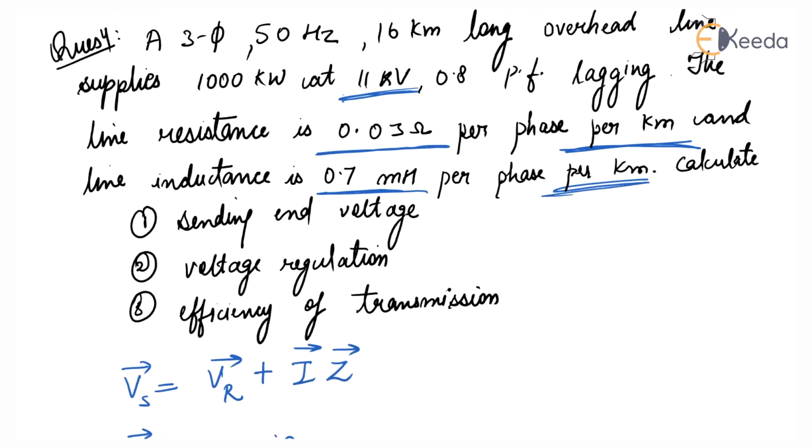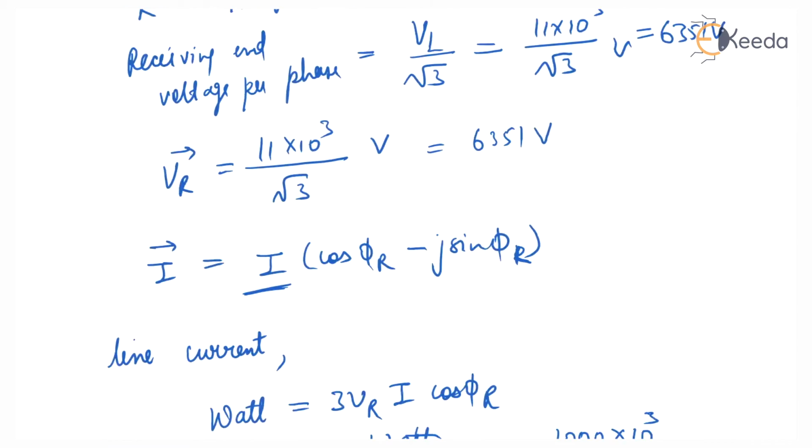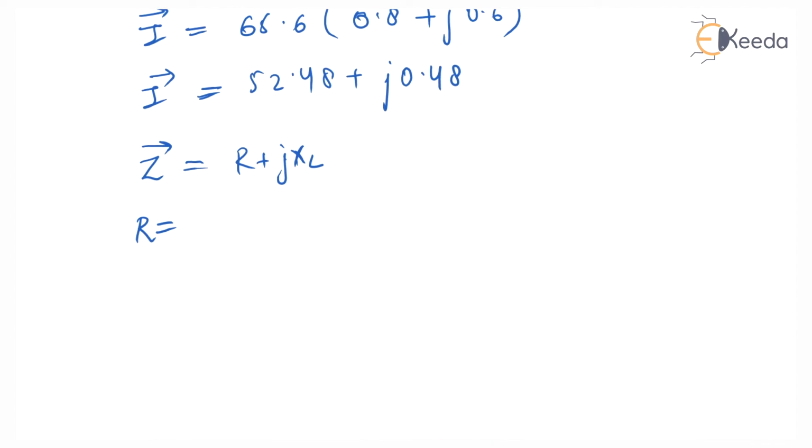Resistance is 0.03 ohm per phase per kilometer. Kilometer is 16, so 0.03 into 16, so R is equal to 0.48 ohm.